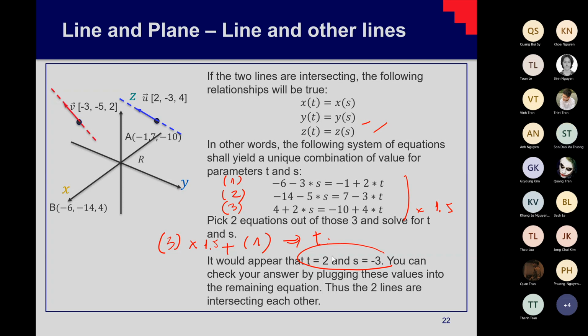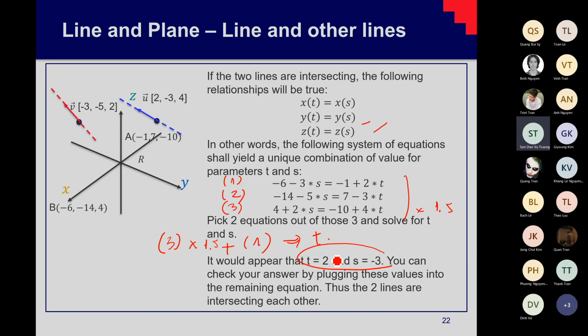If you are not sure, you can put these values back into the equations. For example, t equals 2. The first equation gives 3, the next gives 1, and the last one gives, oh, 2, the last one is 2, not 0, so this is -2.